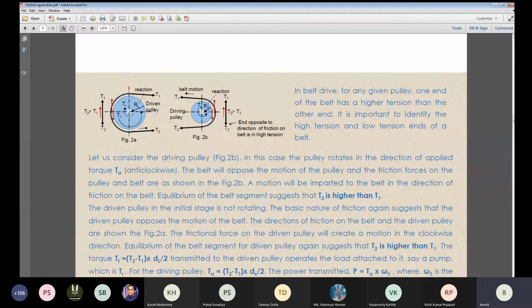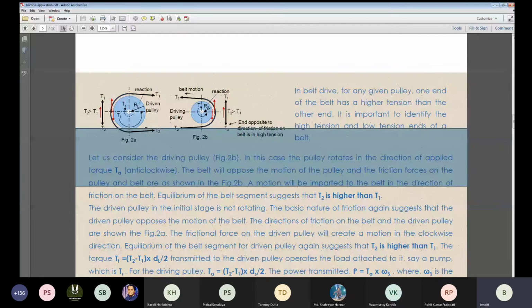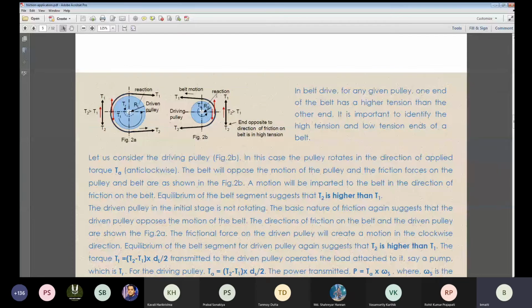The moment I touch the belt, the belt automatically gives a resistance to the motion of this pulley, and the belt itself gets a friction in the opposite direction. The belt is in no way responsible for the movement of the driving pulley. The driving pulley itself has a motor.